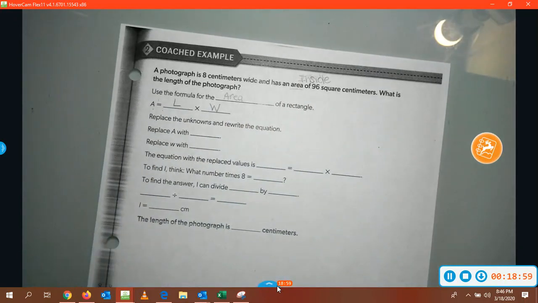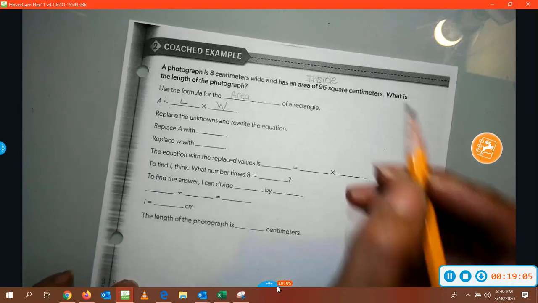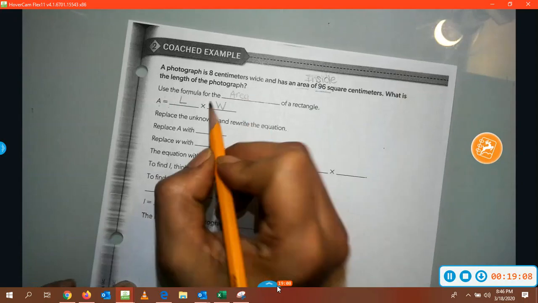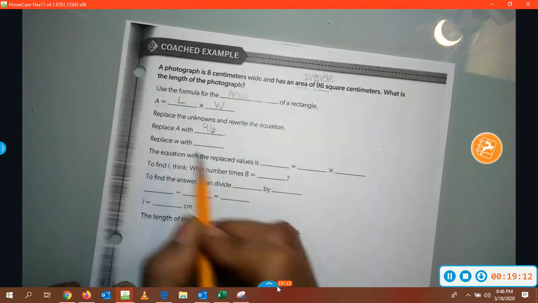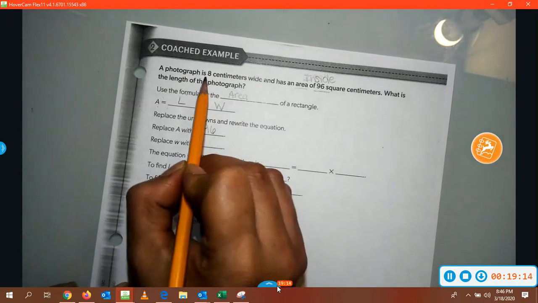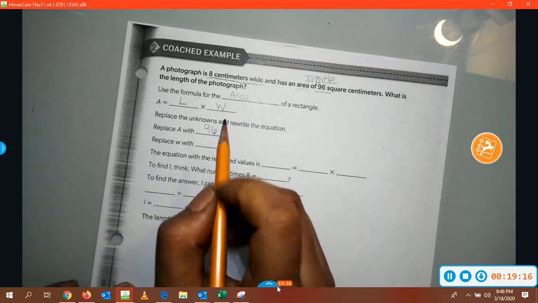Replace the unknown and rewrite the equation. So replace A with what we know. We know that the area is 96. And we know that the width is 8 centimeters.